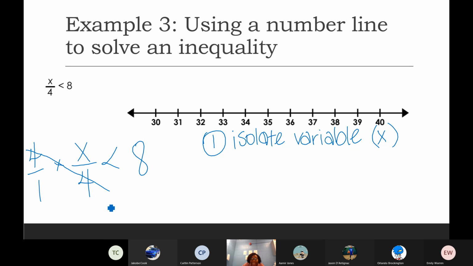So now I have my X by myself, but we want to remember, whatever I do on the left side, I have to do on the right side. And someone tell me, what is 8 times 4? 32. So we've got our first part done here.